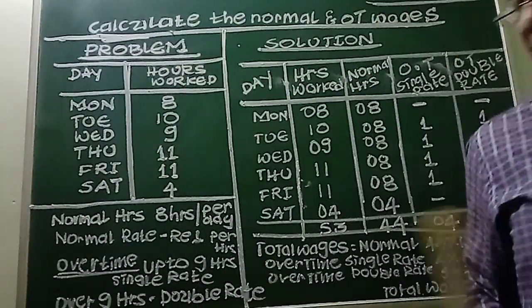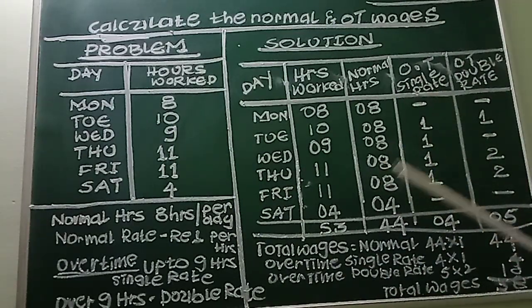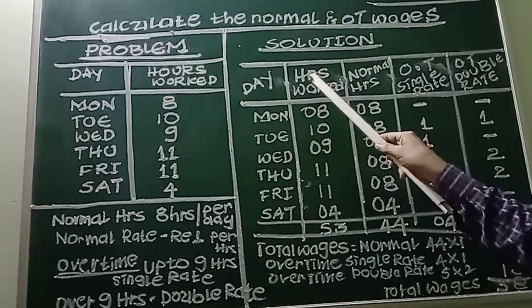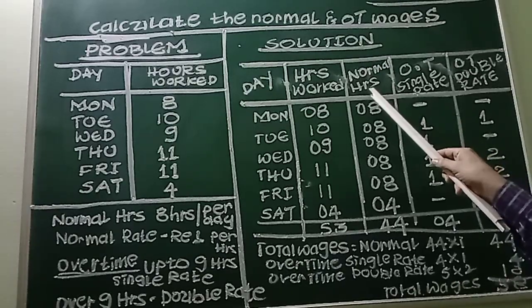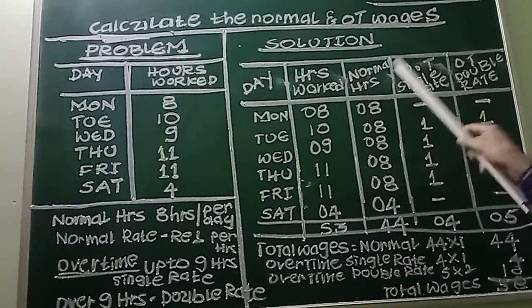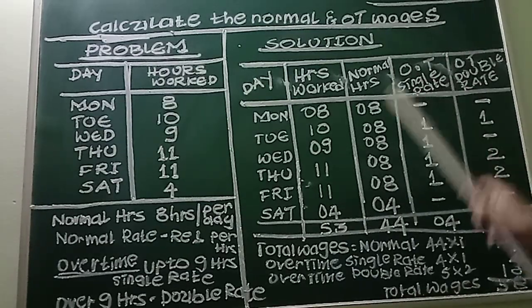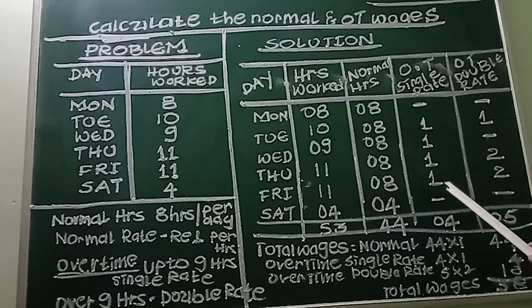For this purpose, you have to make 5 different columns. The columns are: day, hours worked by the worker, the normal hours fixed as per the rules, and overtime wages at a single rate. How many hours he is eligible to get the single rate is entered in this column.